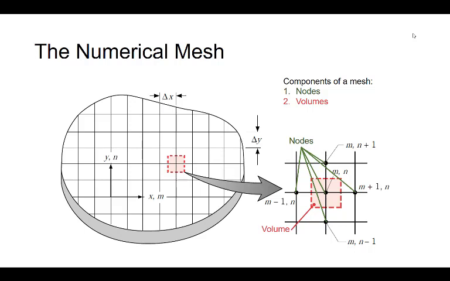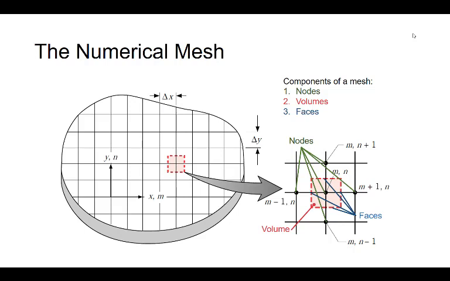The volume is highlighted in red. The volume has faces. There are 4 faces in this 2-dimensional mesh. If the mesh were 3-dimensional, the volume would have 6 faces. Heat transfer occurs across the faces of the volume in the mesh, just like heat transfer occurs across all control volumes in heat transfer.